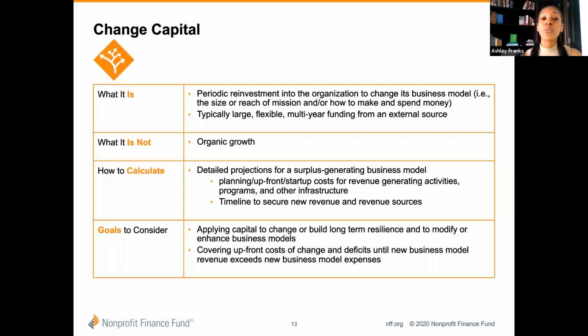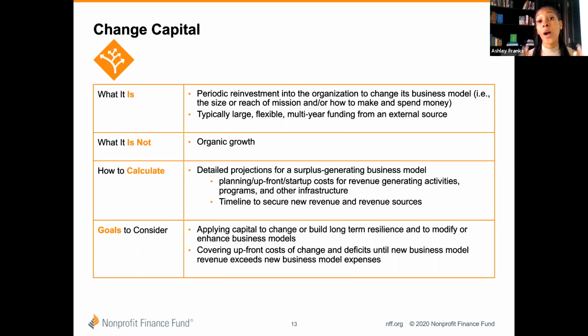In order to execute these business model shifts, organizations usually require an investment that is implemented over a period of several years. And this investment is change capital.